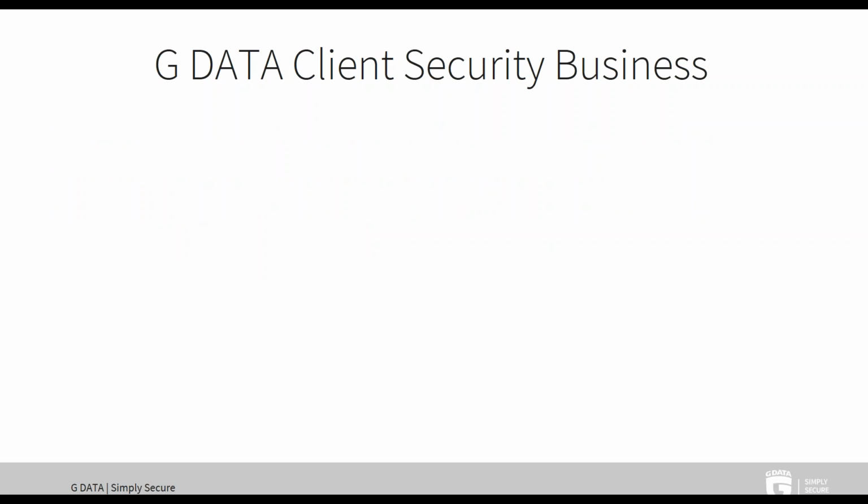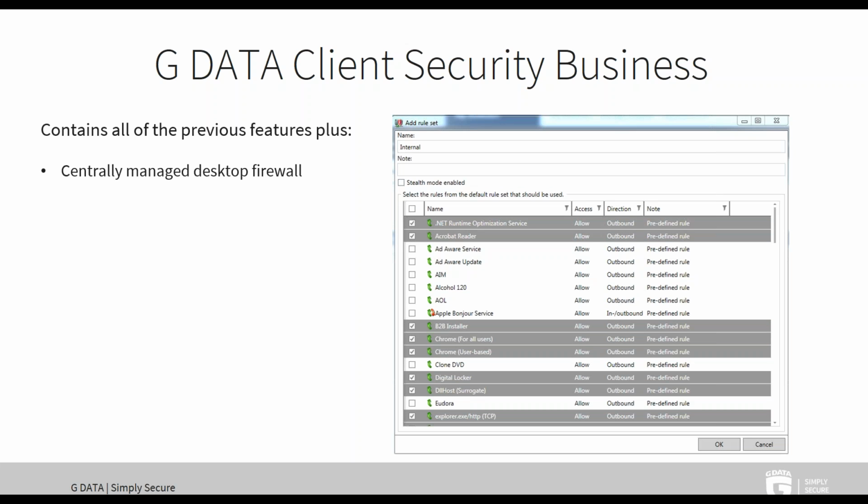GData Client Security Business contains all the previous features that I've talked already about, plus a centrally managed desktop firewall for your clients that has certain rules already given by default, as you can see as a predefined rule for ingoing or outbound directions.